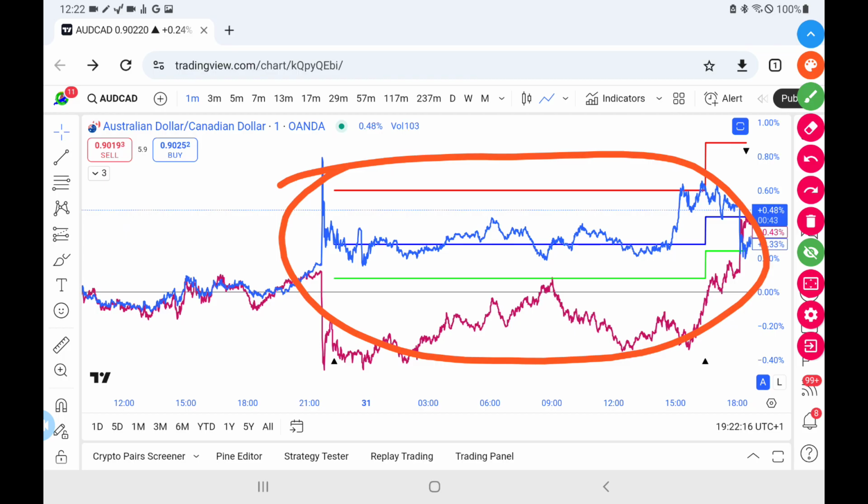Perhaps a 70-75% correlation. But these pairs, if you trade both of them at the same time, you're not going to be diversified, because they're both going to either profit at the same time or they're both going to lose at the same time.